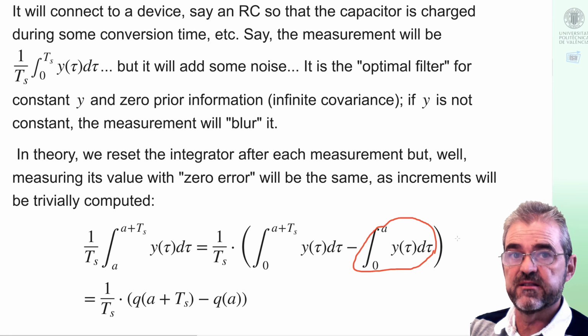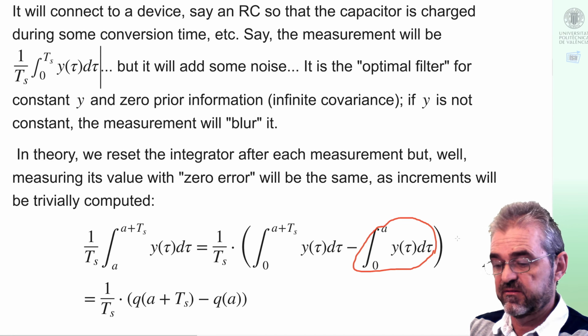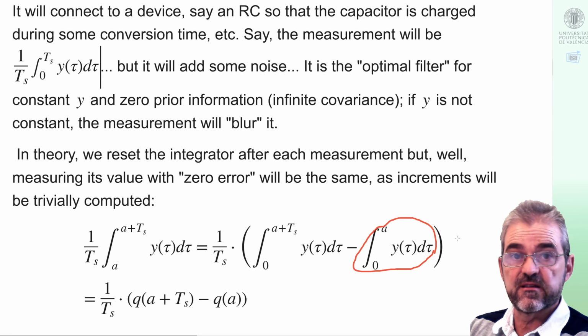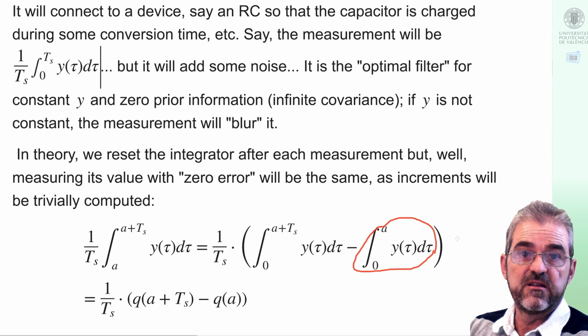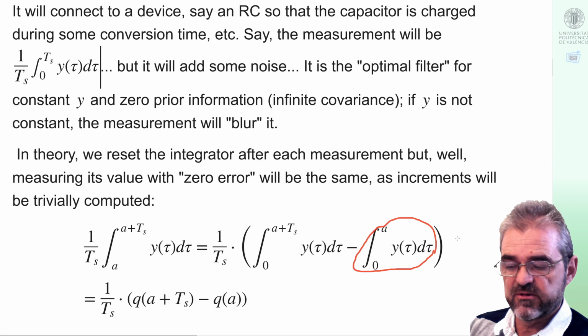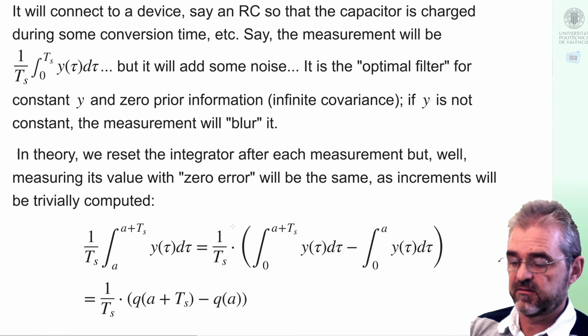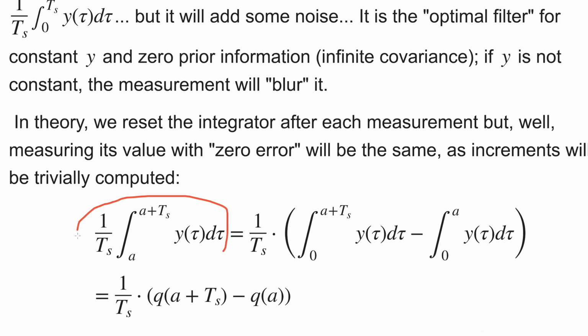But ideally, if I have an integrator that integrates from the beginning of the universe up to now, then the finite time integral is just the difference between the integrator state at the end of the integration period minus the integrator state at the beginning of the integration period.